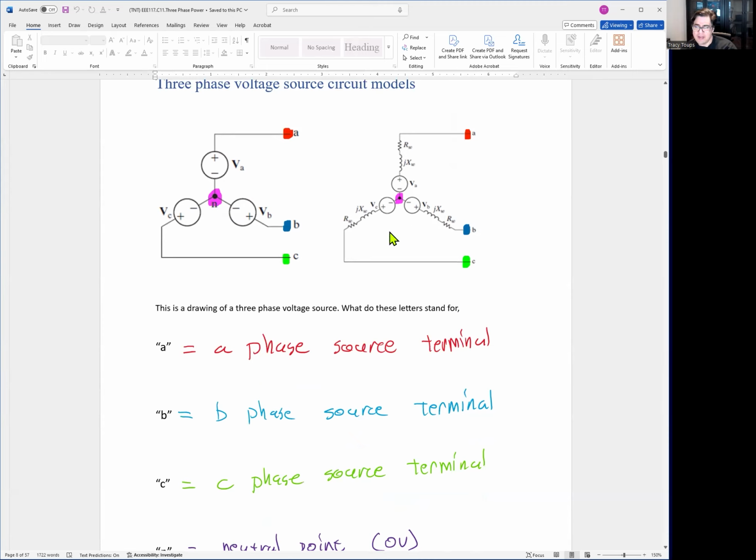Now, on the right-hand side, this is the same circuit, except we have some internal impedance and reactance built into the generator. The left-hand side is an ideal one where everything's perfect. We're not taking into account internal losses. Realistically, a generator has a giant coil of wire to power it. But guess what a giant coil of wire is? It's also a giant inductor. So you're going to have to put this inductance to represent the impedance of the main coils powering the generator.